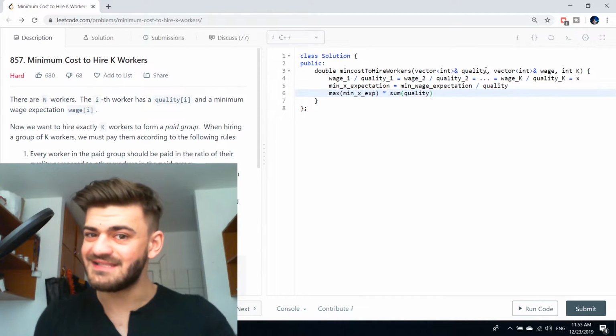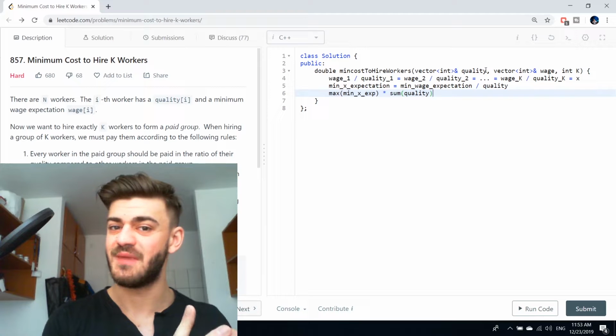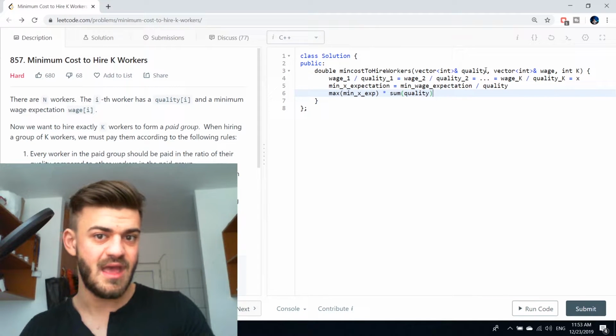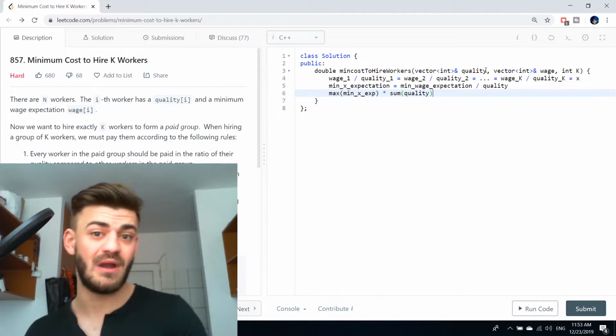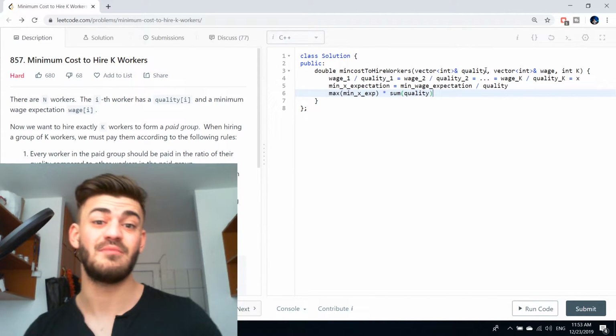So this brings me the following idea. For each worker, instead of knowing its minimum wage expectation and its quality, it's more useful to know its minimum X expectation and its quality, and sort all of this by the minimum X expectation.